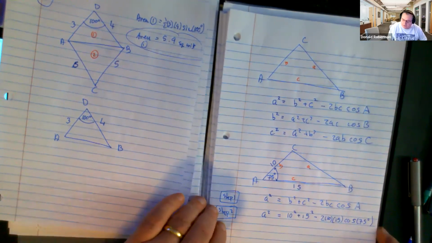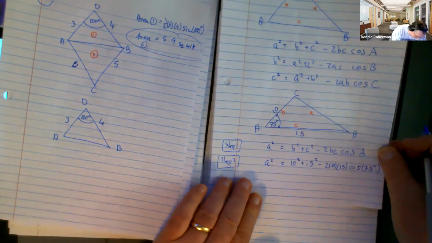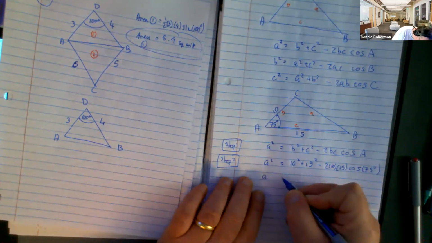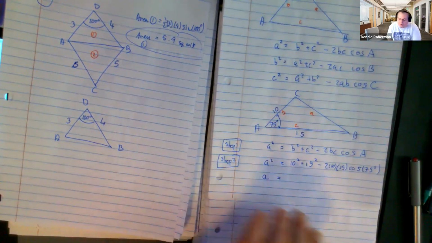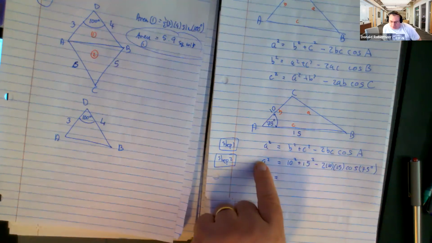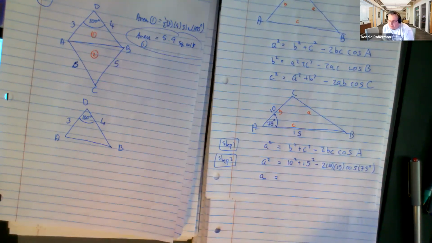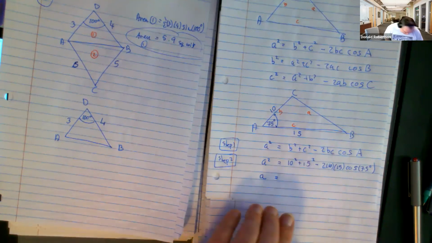It's quite a long expression. What do I need to do then to find a? Because this formula tells me what a squared is equal to, but what do I do to find a? Take the square root of that.